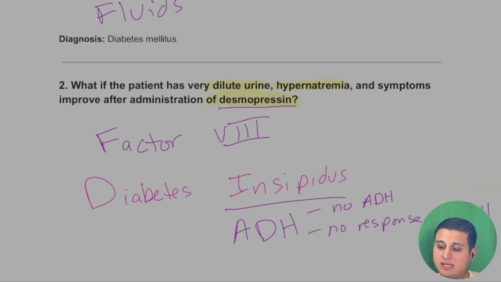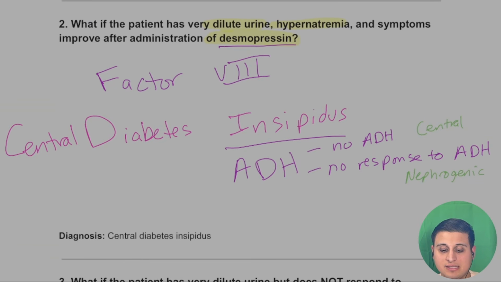And we have to break it down by what it is. No ADH at all is central diabetes insipidus. Can't respond to ADH is nephrogenic. So a patient who responded to desmopressin, because this patient actually had improvement of symptoms, this is central diabetes insipidus. The reason we have symptoms in diabetes insipidus is that we can't concentrate our urine.